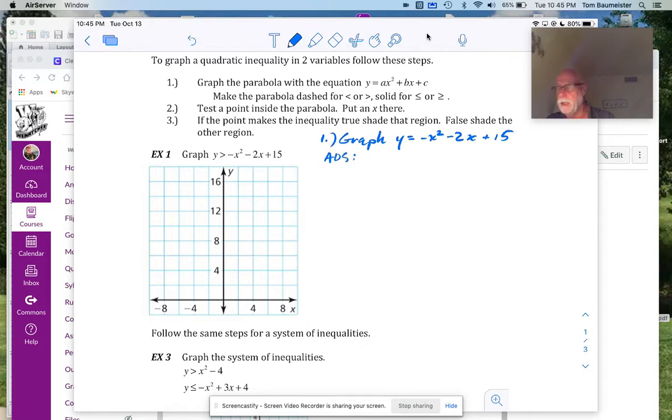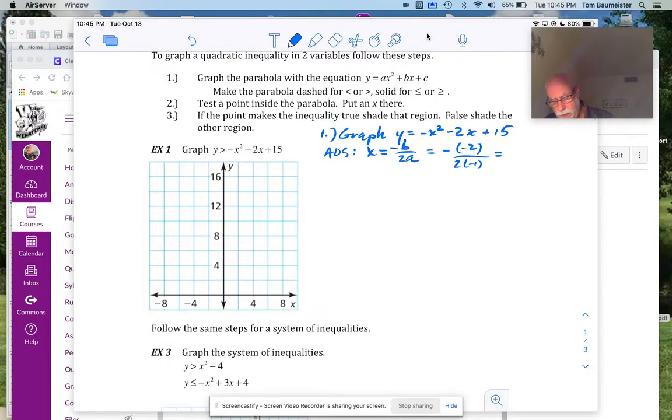If you recall from the last chapter, x is equal to negative b over 2a. In this case, our b is negative 2, our a is negative 1. So we have negative negative 2 over 2 times negative 1, which works out to 1. So our axis of symmetry will be negative 1.